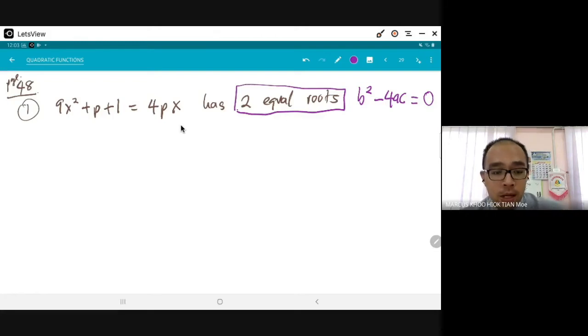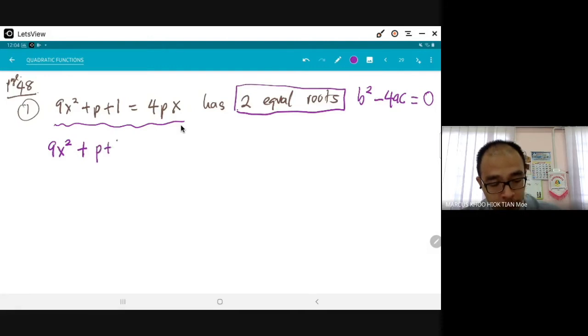Okay? Tapi masalahnya, kita tidak nampak mana satu B, mana satu C, mana satu A. Okay, so kita bawa semua untuk menjadikannya sifar. We make it all become 0. So 9x squared plus P plus 1 minus 4px equals to 0.